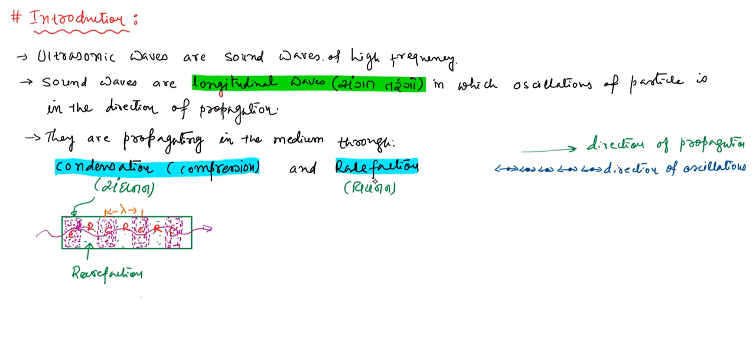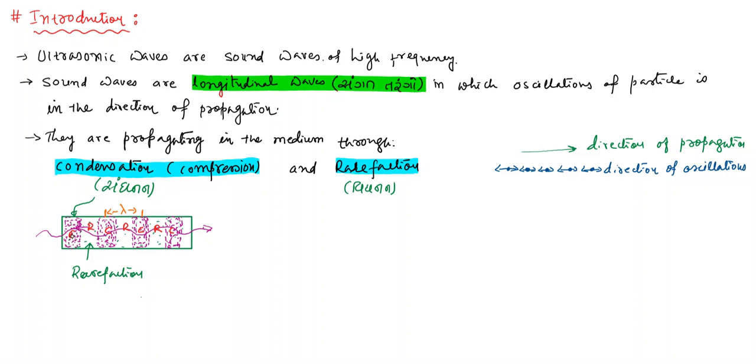Now again there is a question: what do you mean by condensation and rarefaction? Whenever sound waves propagate, due to the parallel oscillations of molecules or particles, in some regions particles come close to each other and leave the nearby region. So here particle density increases, and there particle density decreases.